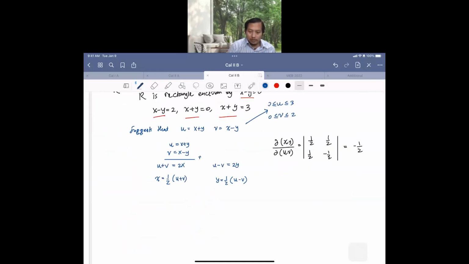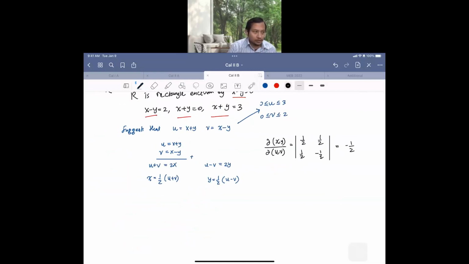So we take the double integral, or let me write the whole equation. This is over R, x plus y, e to the x squared minus y squared dA, and the limits are 0 to 3 and 0 to 2.